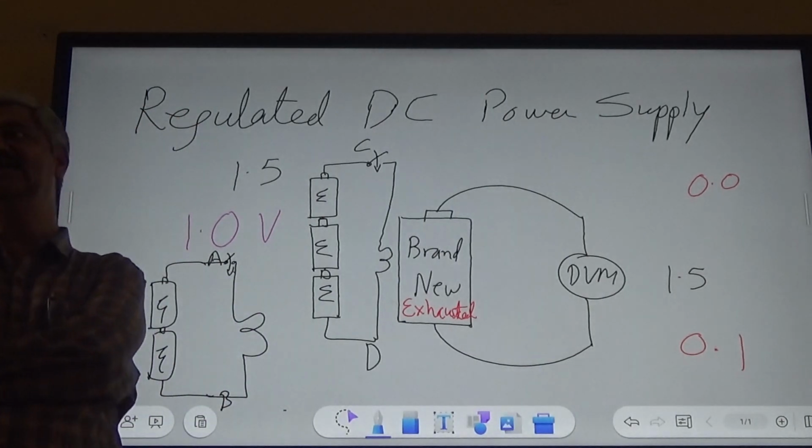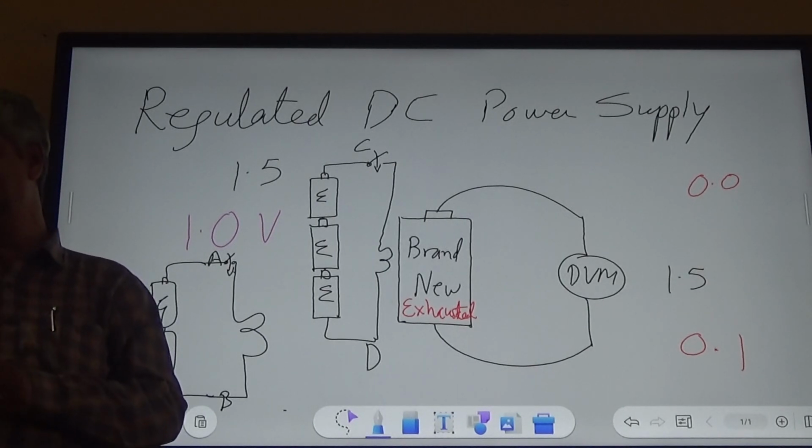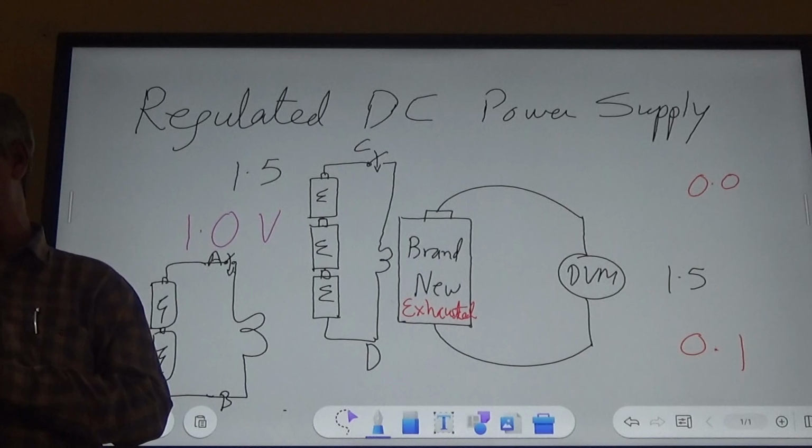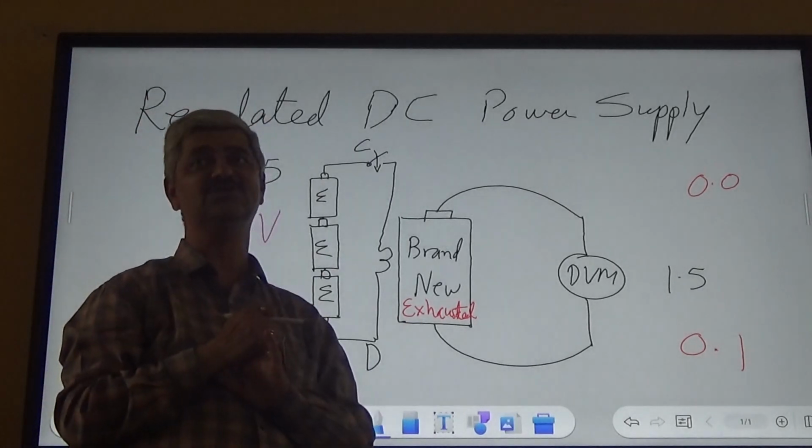What is an ideal constant voltage source? I think which was the first subject in your department's course? Fundamental electrical engineering, right? So what is an ideal constant voltage source?